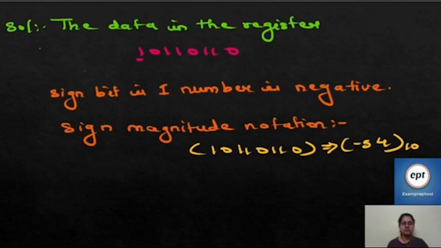The value is minus 54 because we noted that the first bit is 1, so it is a negative number.